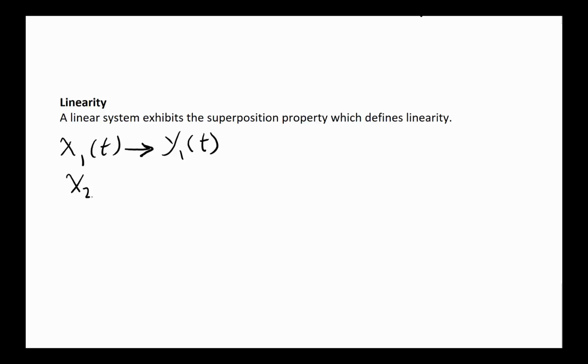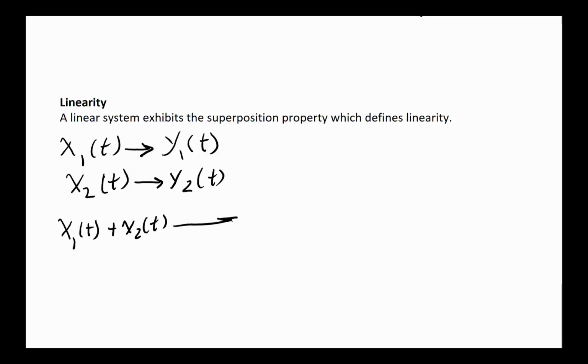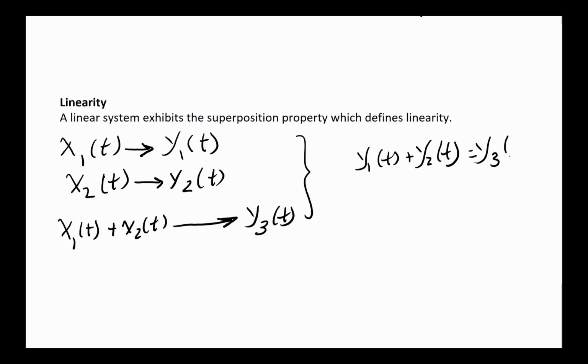I put in x2 of t, another input, and I get y2 of t. Then I take both of these together, x1 of t plus x2 of t, and put them through the system together, and I'll get y3 of t. A system is linear if y1 of t plus y2 of t is equal to y3 of t.